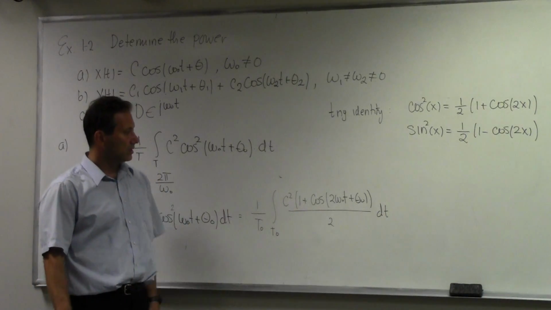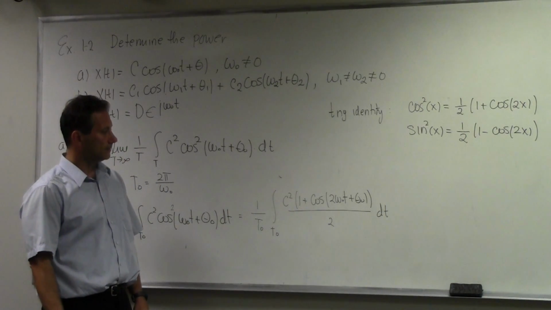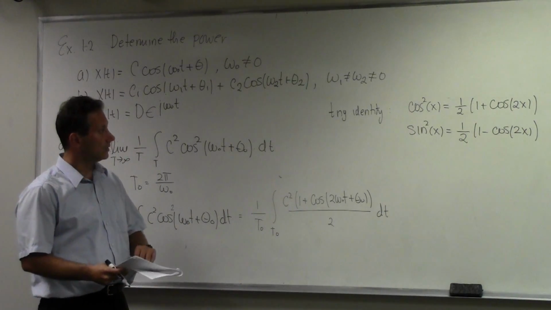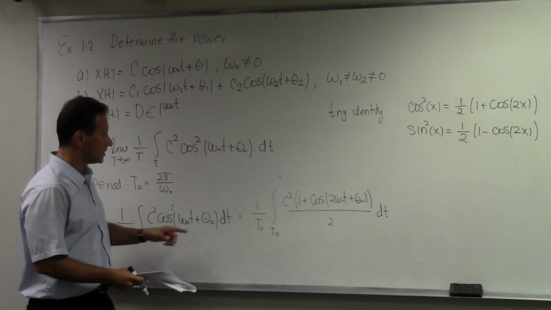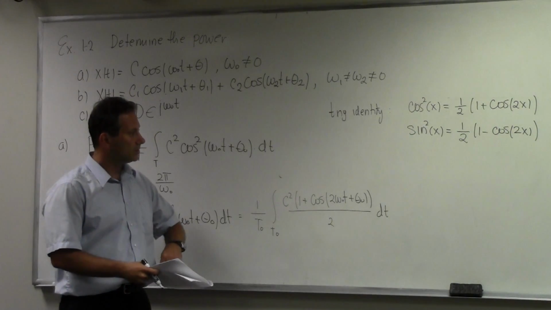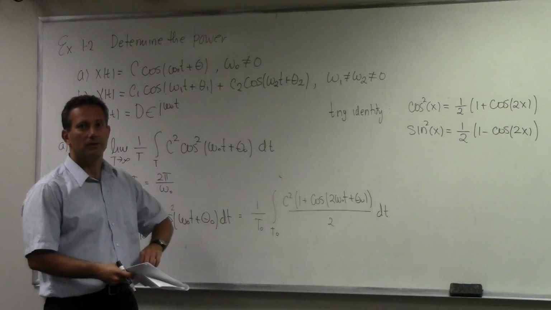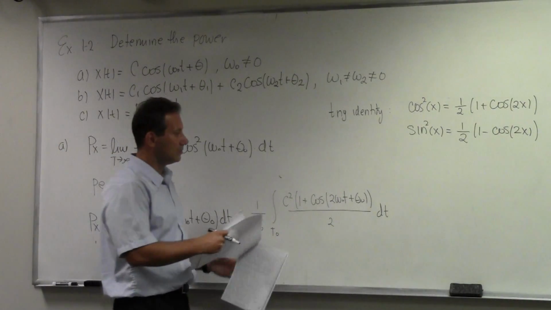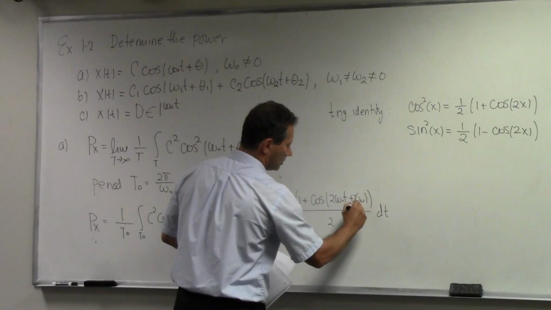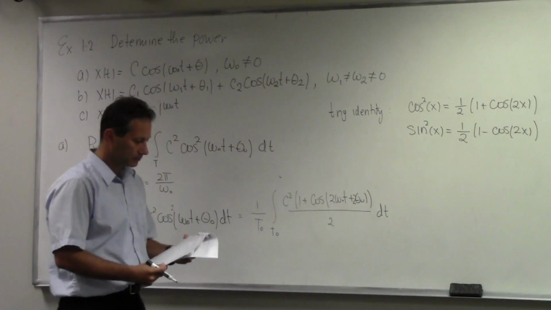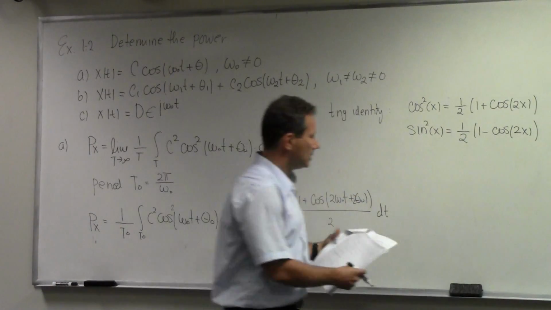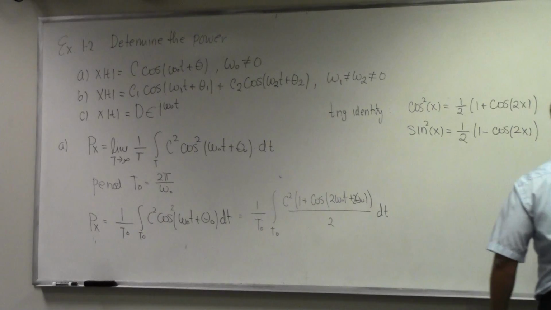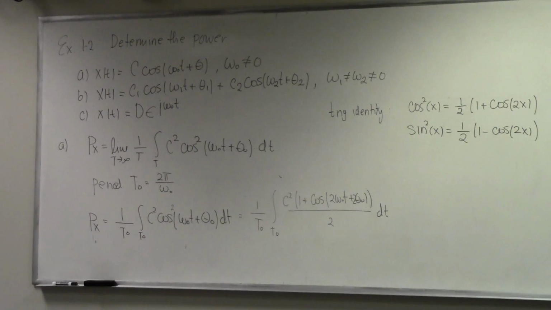This is what I used to decompose the cosine squared. Where is the mistake? A 2 is missing, in front of theta 0: it should be 2 theta 0. Okay, let me continue.